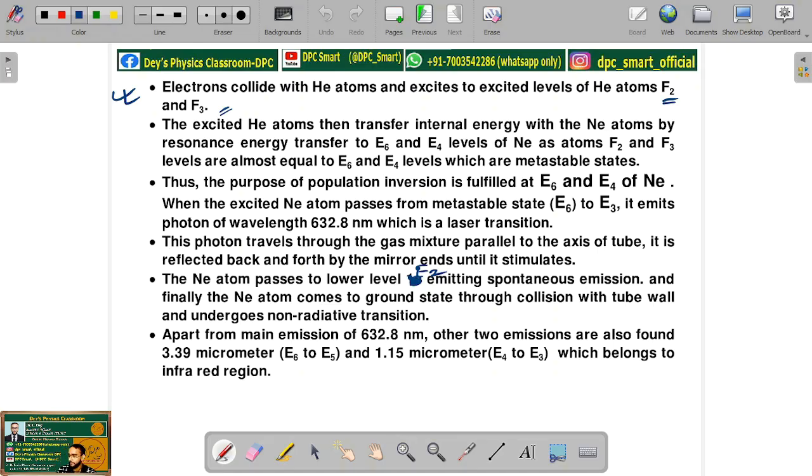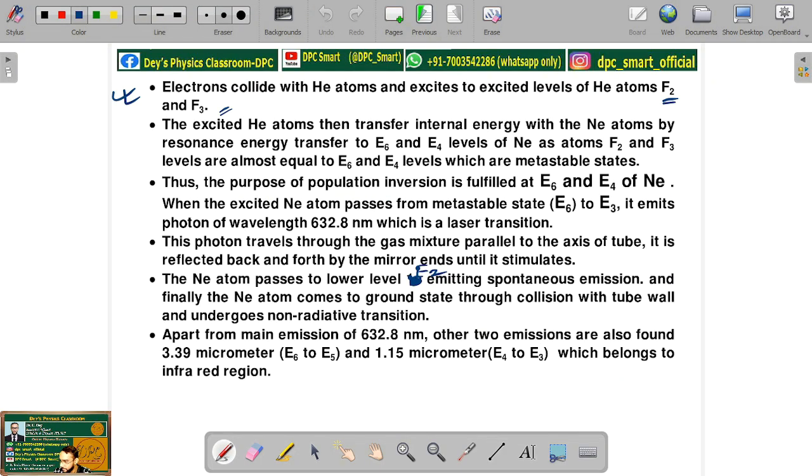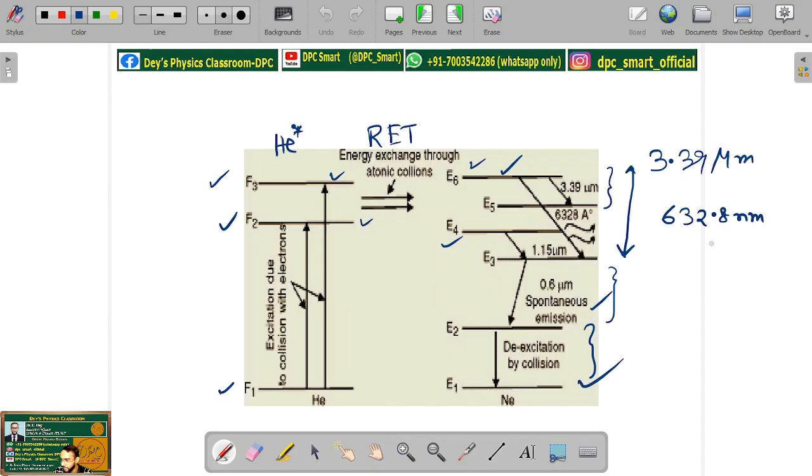Now apart from the main emission of 632.8 nanometer, two other emissions are also found. One is 3.39 micrometer, which is found from E6 to E5. And also from E4 to E3, another extra radiation is found, which is around 1.15 micrometer.